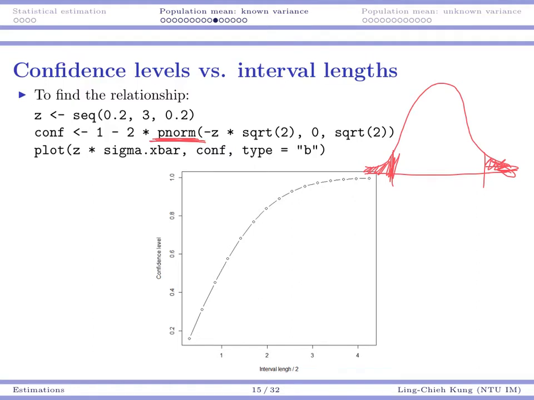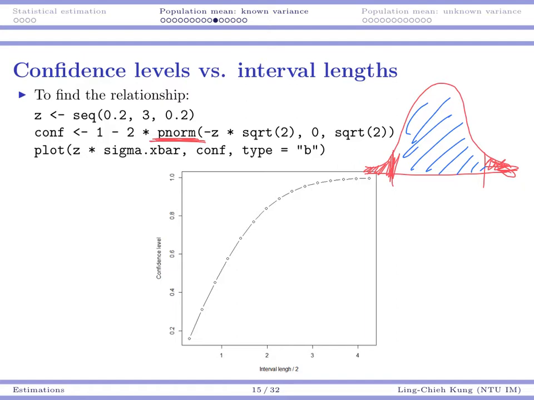Using 1 minus it, we get the probability for x bar to be close enough to mu. For each z, we multiply it with the square root of 2, which in this case is the standard deviation of the sample mean.